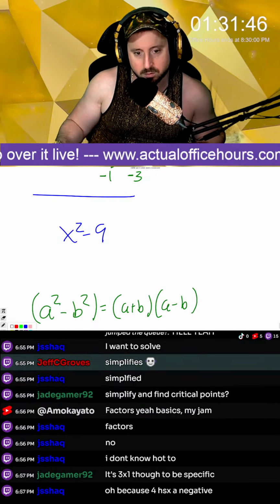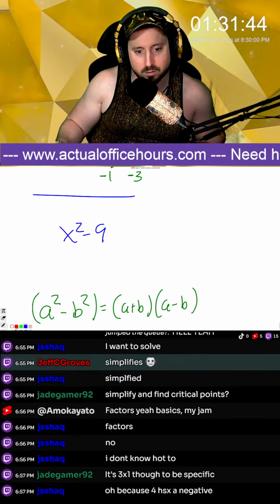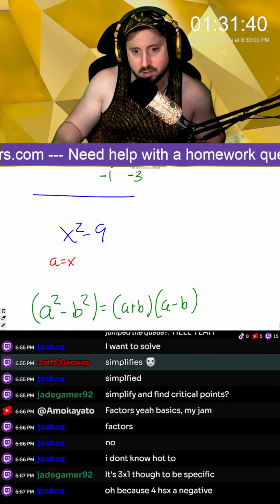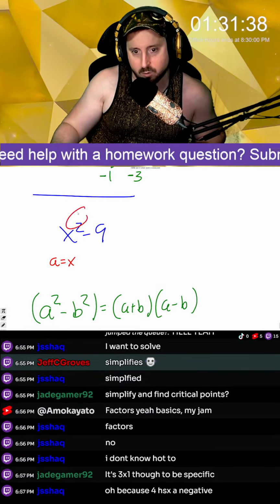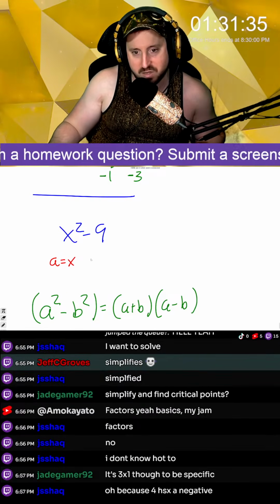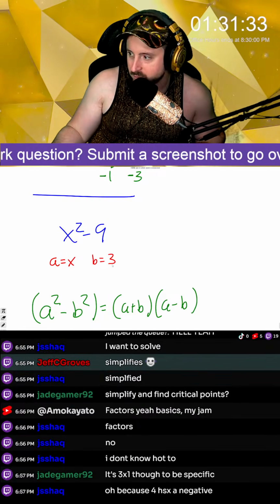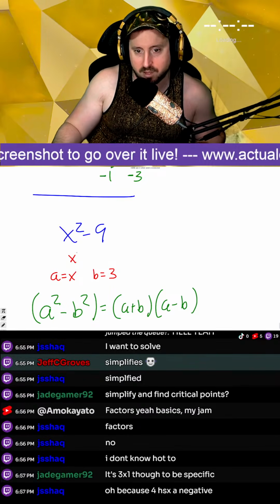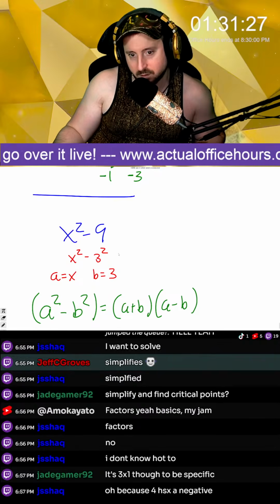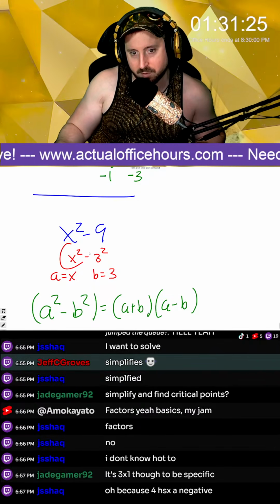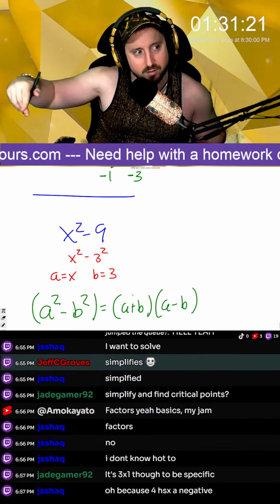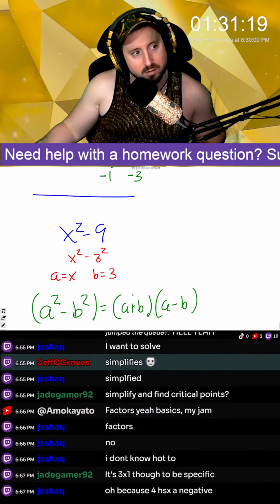So a is equal to x, because then you have a squared, x squared. And b in this case is equal to 3, because this looks the same as x squared minus 3 squared. When I have something squared minus something squared, I can write it as two factors: that plus this, and that minus this.